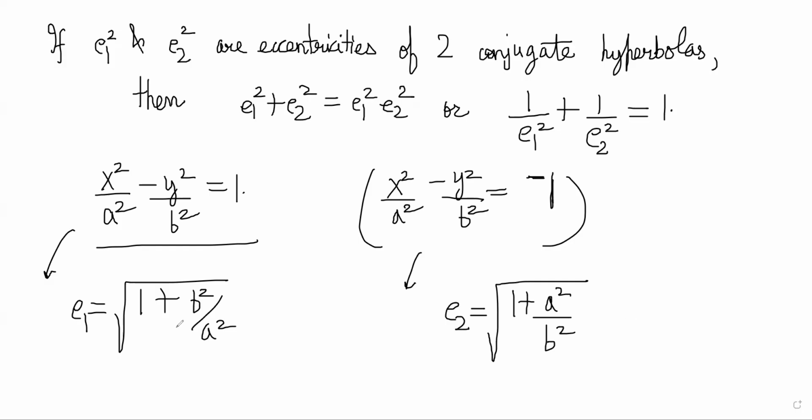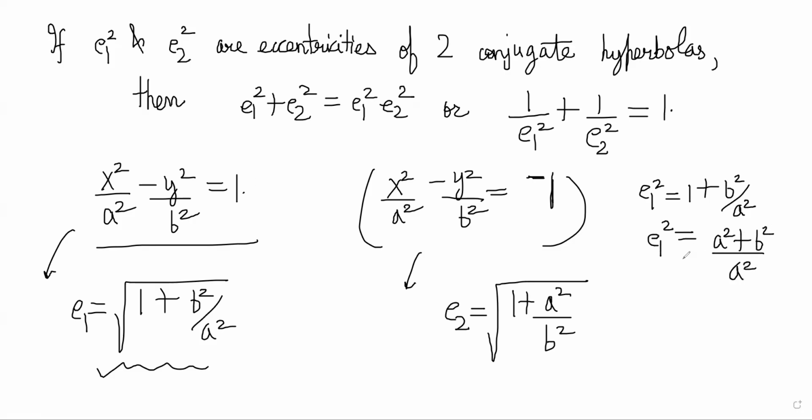Okay, so now we have to just show that this property is true. E1 square is equal to 1 plus b square by a square, which is (a square plus b square) by a square. That is my E1 square. And similarly, E2 square is 1 plus a square by b square, which is clearly (a square plus b square) by b square, right?